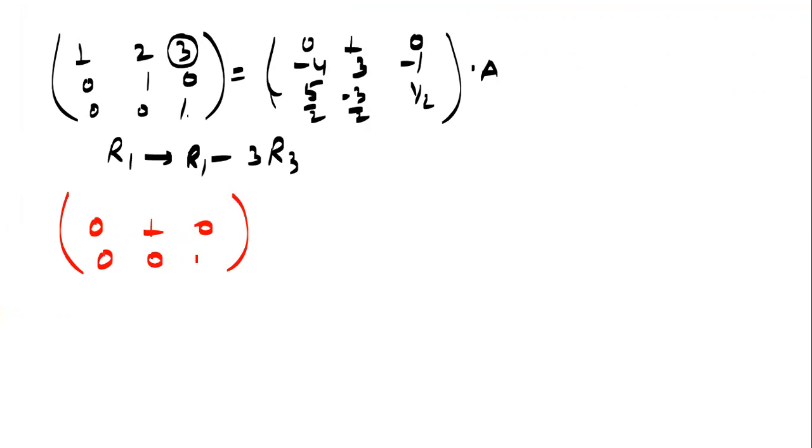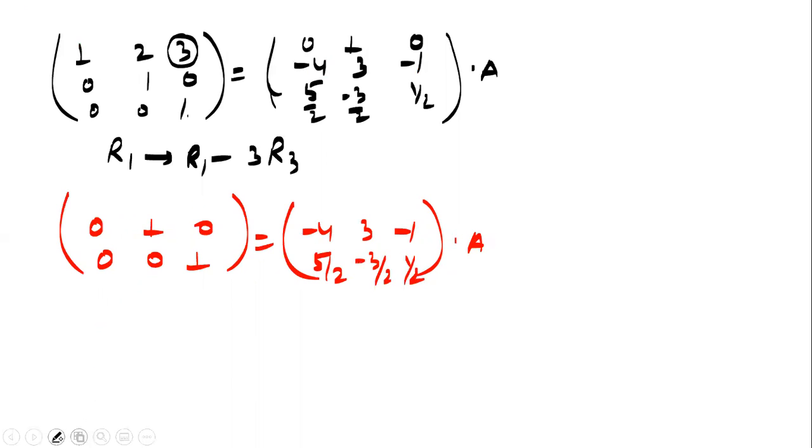R2 and R3 as it is. We will make change in R1 only. What will be the changes? R1 will become 1, 2, and 0. It will become 0 minus 3 into 5/2, that is minus 15/2.